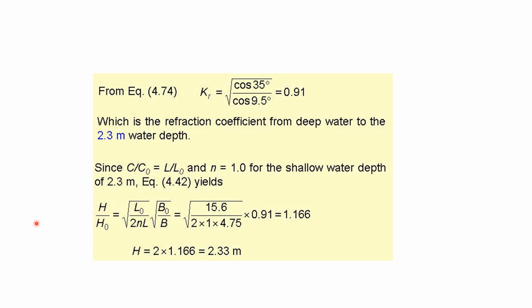So if we solve this, you notice that the final ratio of wave height is 1.166. That means higher than the deep water wave height. Given the deep water wave height is 2 meters, at this location we expect the wave height to become 2.33 meters.